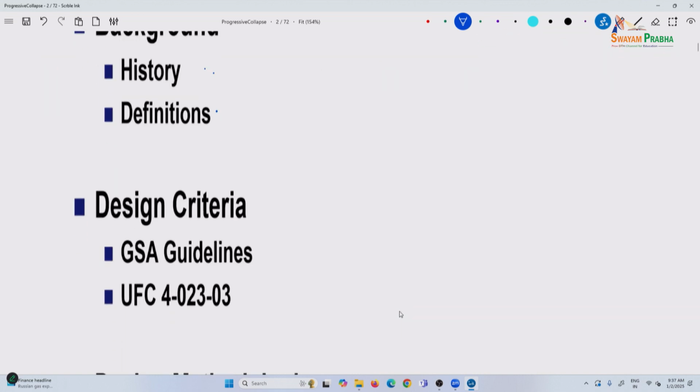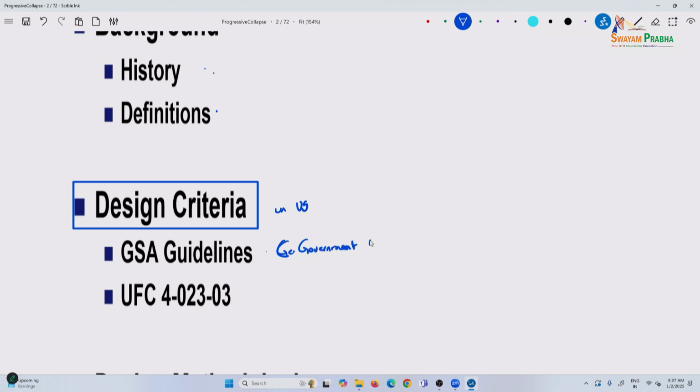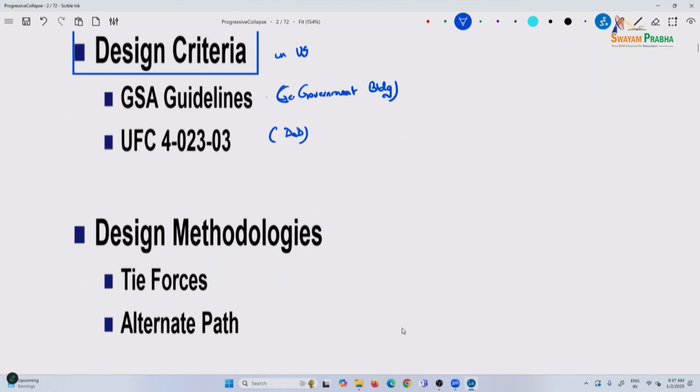Then if you look at the design criteria, there are two of them, based on, this is in the US. GSA is for government, basically think of it as all structures that the government has, and both of them are available. We will see certain provisions regarding these two.